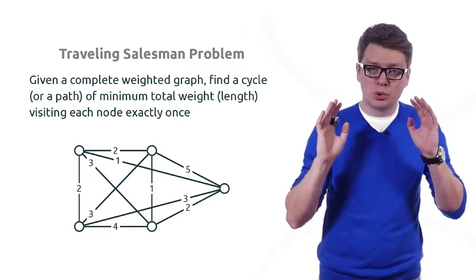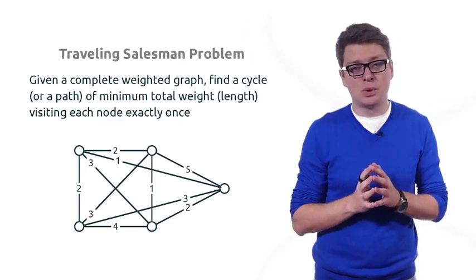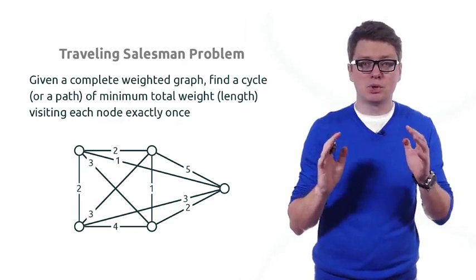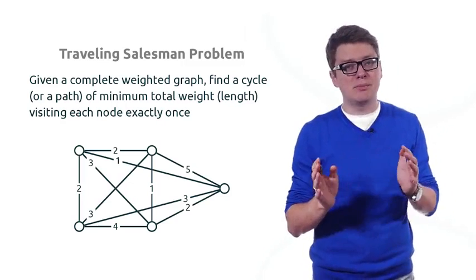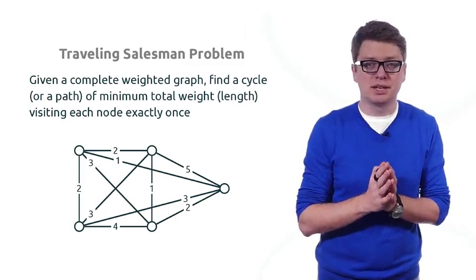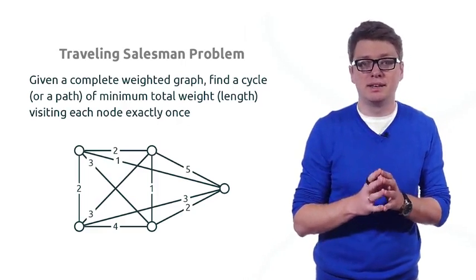So what we're looking for is a cycle that visits every node exactly once and has the minimum total weight, or the minimum total length, which is exactly the same. In some applications we're interested in finding a cycle, in some we're interested in finding a path.